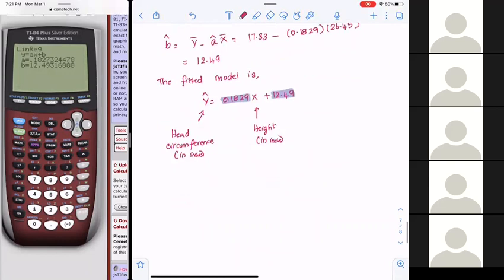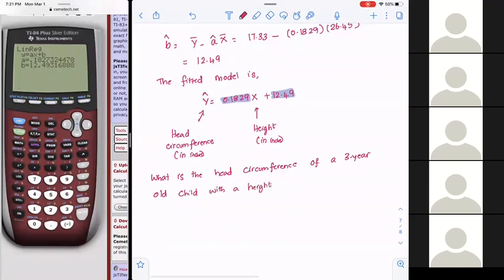Since we fitted the model, we actually have the model expression.